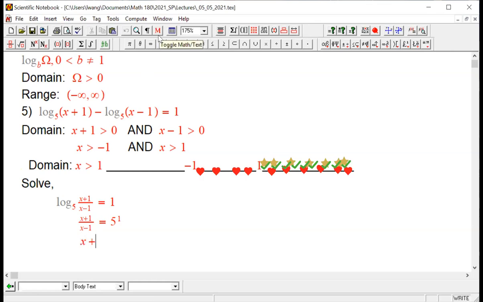Okay, so we had x plus 1 equals 5 times x minus 1. We can do this because we operated in the domain, which guarantees that x is greater than 1. x greater than 1, therefore, x minus 1 is not equal to 0, right? So then we can multiply both sides by x minus 1.